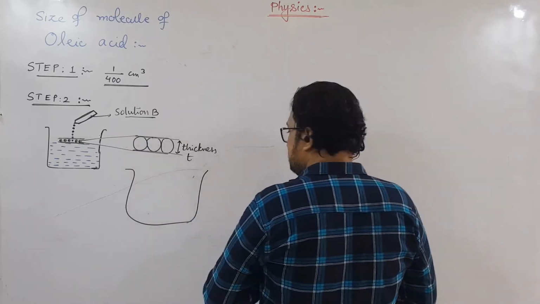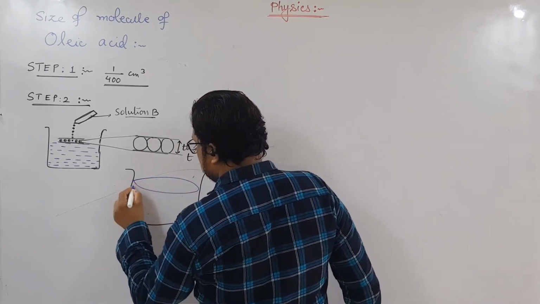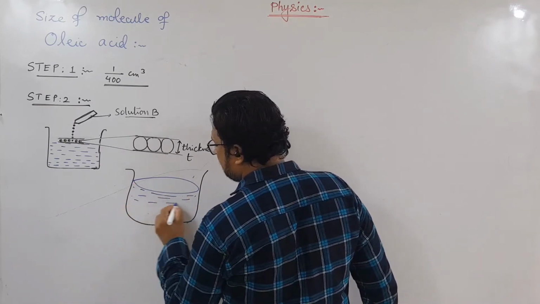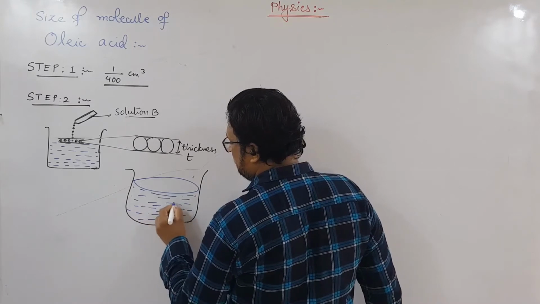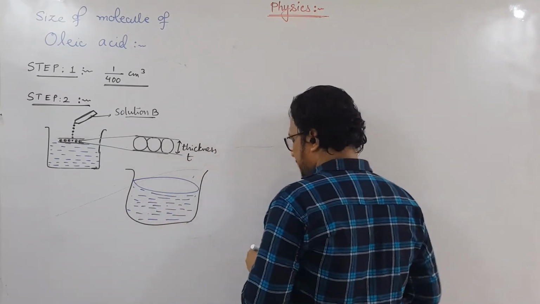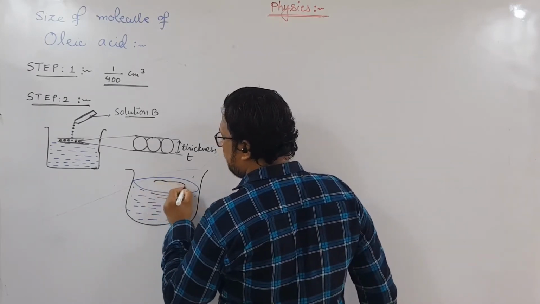let us say we want to draw the same figure in 3D. This is a beaker which is filled with water. So this will be the surface of the water, and we will get some irregular shape of oleic acid over it along with alcohol, right?